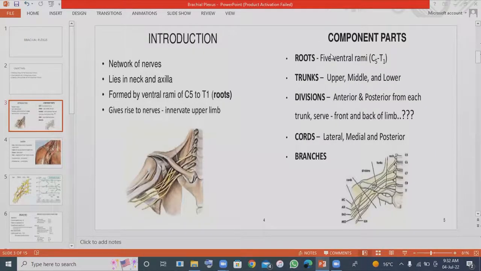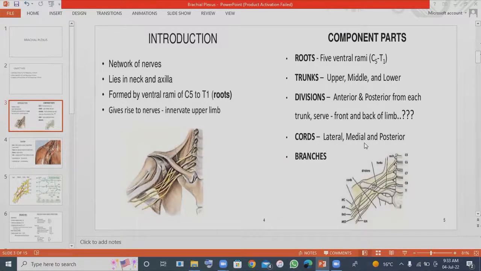So now you have an idea of how the brachial plexus is formed. Like we had the roots, which were 5 coming from the ventral rami, C5 to T1, the trunks, upper trunk, middle trunk, lower trunk, which all divided into 2 divisions, the anterior and posterior divisions. Okay. Then from the divisions, we have the cords, which are 3, the lateral cord, the medial cord, and the posterior cord.